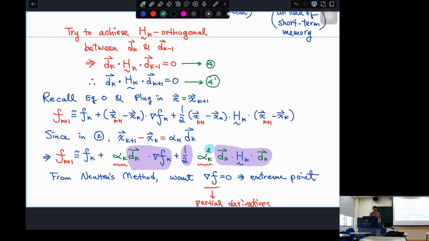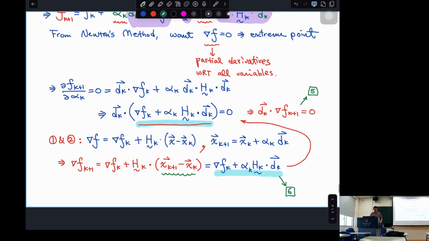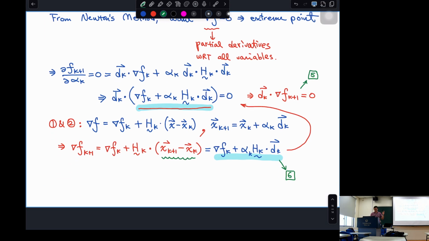So we start from the fundamental, which is second order Taylor expansion, and then we basically use whatever we had earlier in equation 1, 2, 3, keep on plugging in and try to rearrange the equation we have. And we introduce the idea of first order derivative must equal 0. So that's where we can find the solution. Then we found new terms, equation 5 and 6, new relations. And they will be used later on.